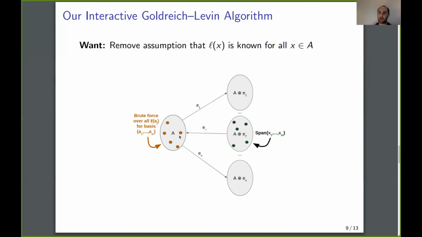That's basically telling the prover, here is the set A that I chose, and this is a description of A, and the basis of A defines A. A is a subspace of the domain. Then the verifier is going to do some brute force over the values of L of Aj, and I'll explain that in the next slide.